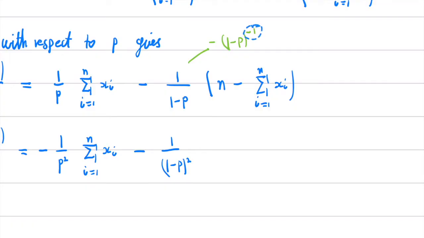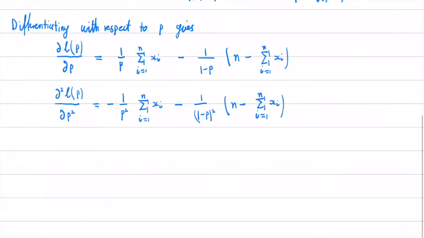So this negative cancels with this negative, but then we've got a third negative to take into account here, and that's why there's still a negative at the front. And then, of course, the remaining part of this function is the constant it was previously. So, we've found the first and second derivative.